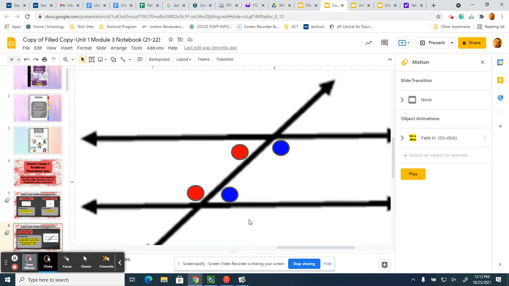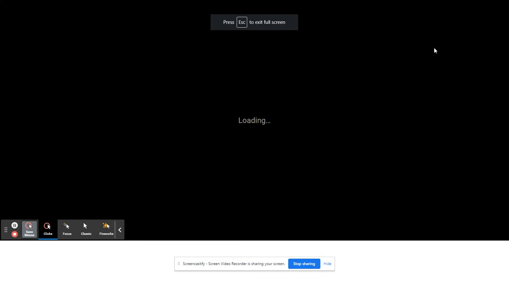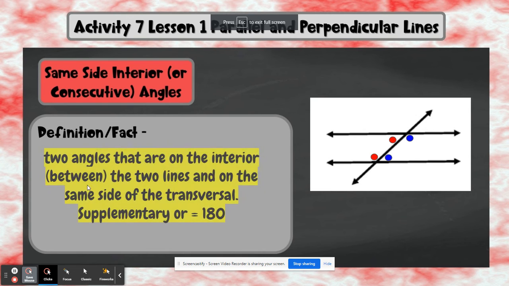Okay, but I would say these are just as important to see as is the definition, because you need to see exactly where same side interior angles are. And also know that these two angles, when you add them together, always add up to be 180 degrees. So it is very important to remember that.